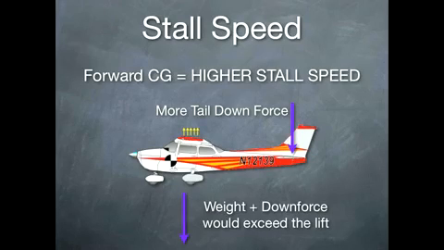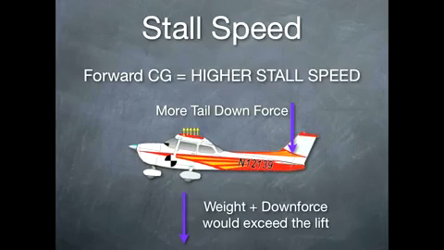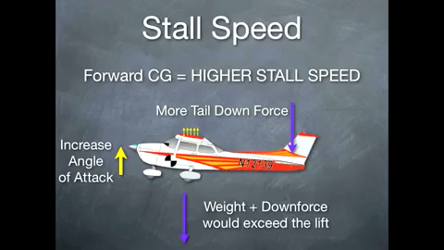So at a given airspeed, we would reach that critical angle of attack. So, for example, if we normally cruise at 90 knots, we're having to fly at a higher angle of attack still maintaining that 90 knots, but we're already closer to that critical angle of attack even though we're doing 90 knots.